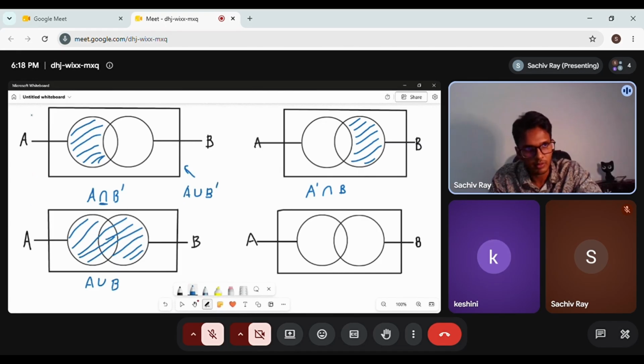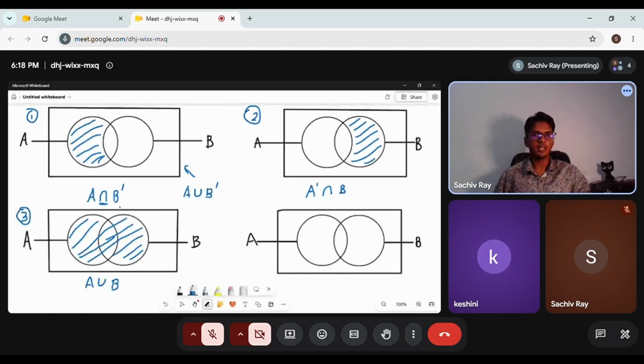Let's label them 1, 2, 3. In the third case, if we don't color the B, we can color everything else. If it's intersect, we deal with only the overlap between the sets. Intersect means the meeting point between the sets. Union means the whole thing, okay? Clear?